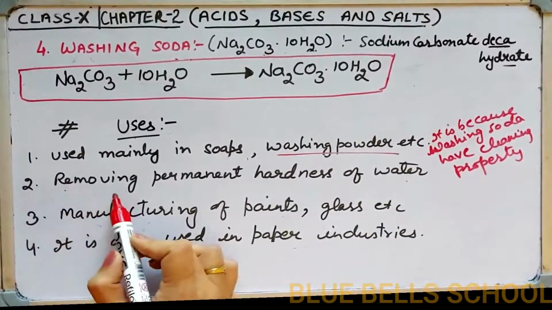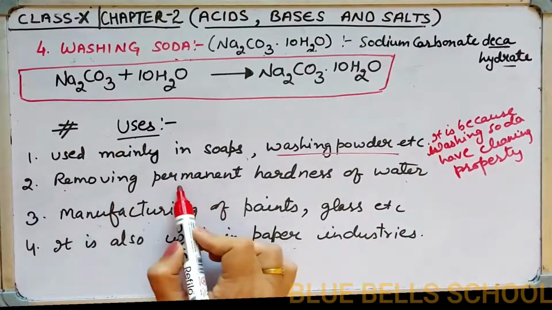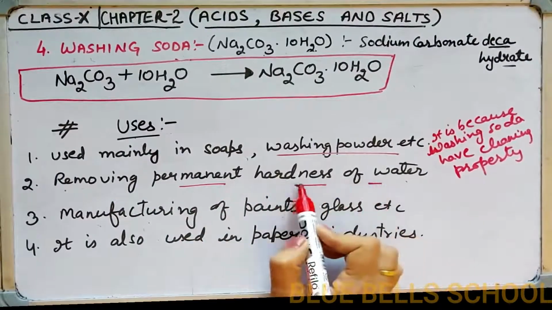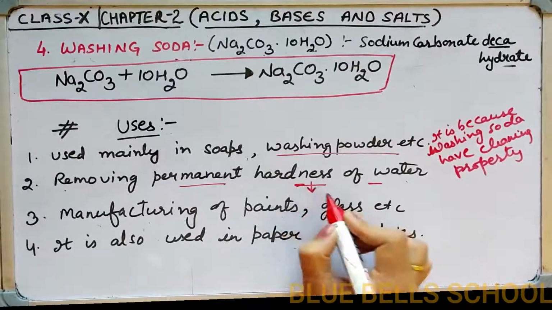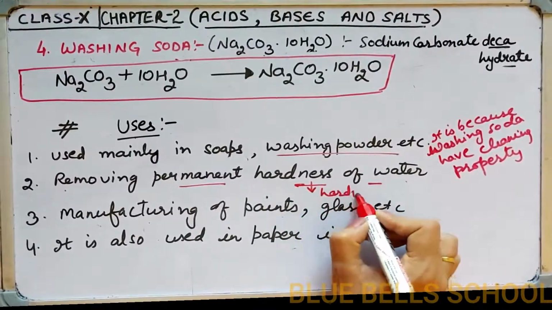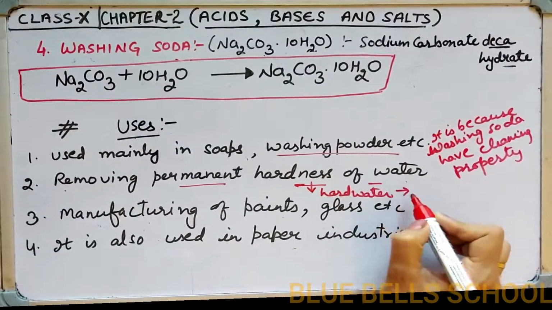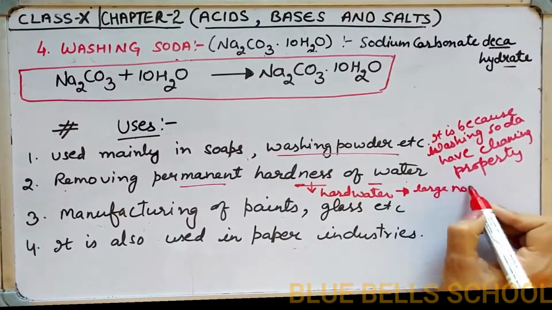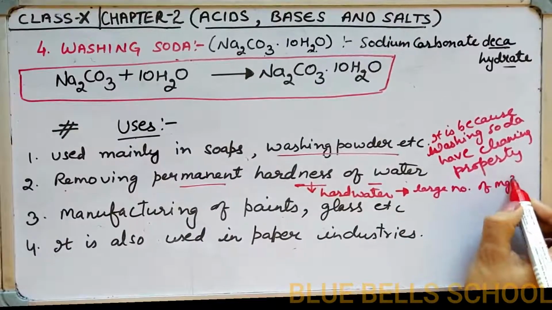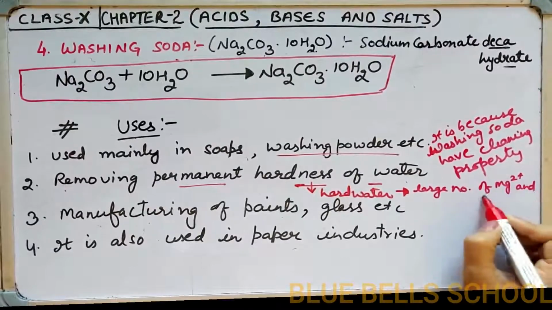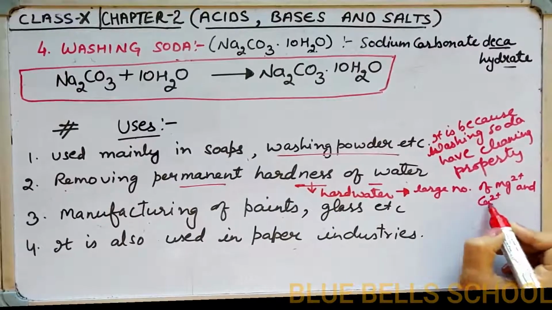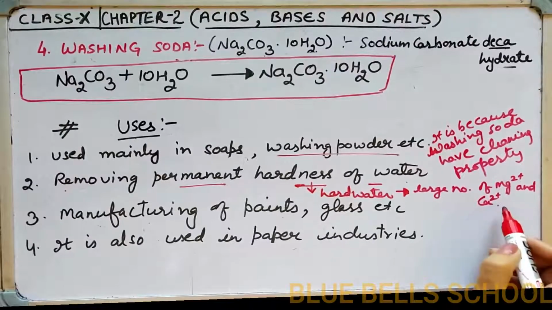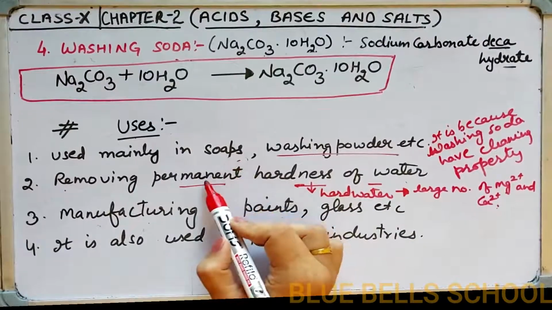Second use, washing soda is also used to remove permanent hardness of water. What is the meaning of hardness? Hardness defines hard water. Hard water means which contains a large number of magnesium and calcium ions, and these ions do not allow soap to form froth.